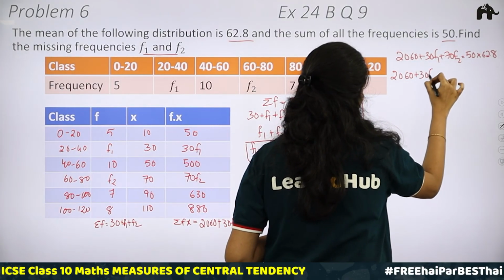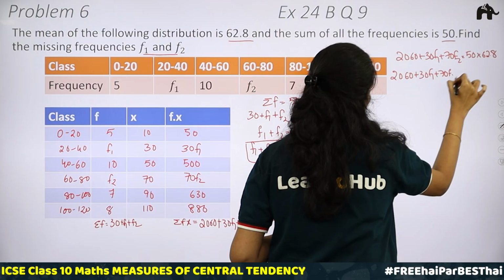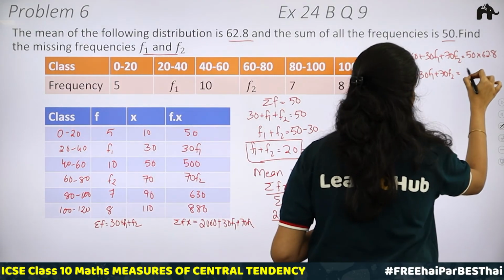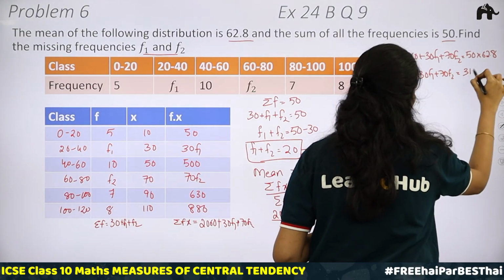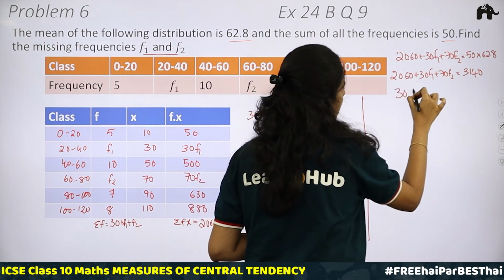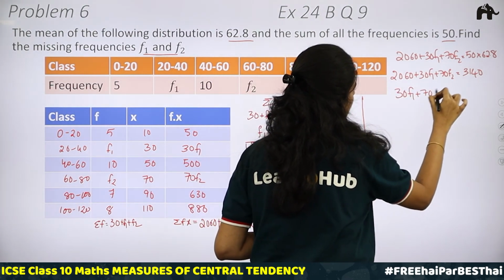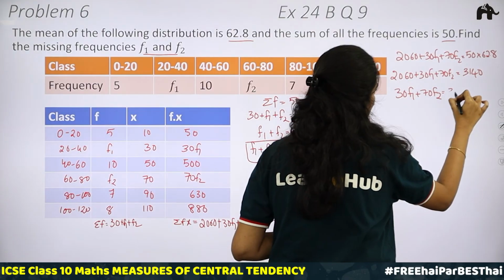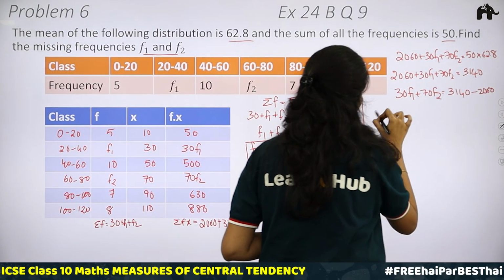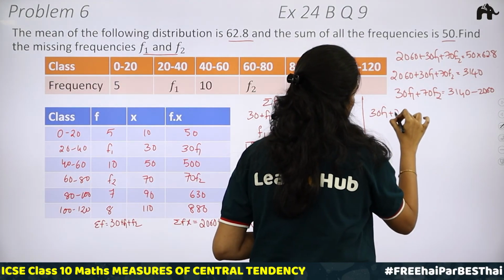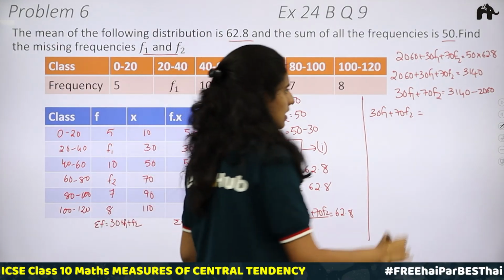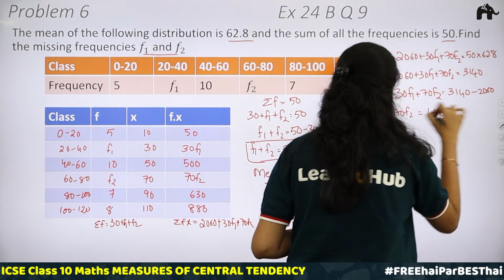Okay. Now multiply. 2060 plus 30 F1 plus 70 F2. This is 5 into 628. You will be getting 3140. Okay. Then we will be having 30 F1 plus 70 F2 is equal to 3140 minus 2060. On subtracting this you will be getting 1080.